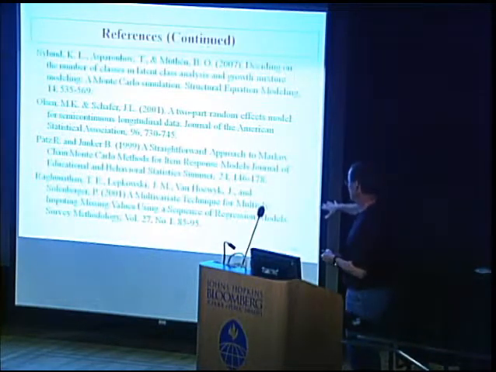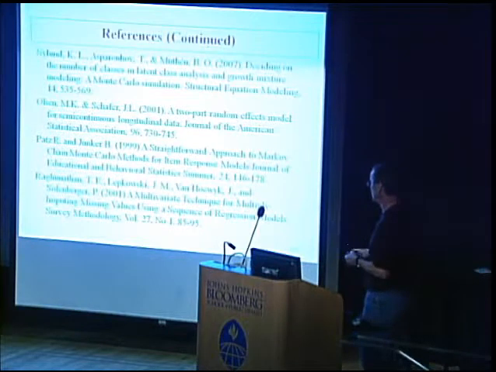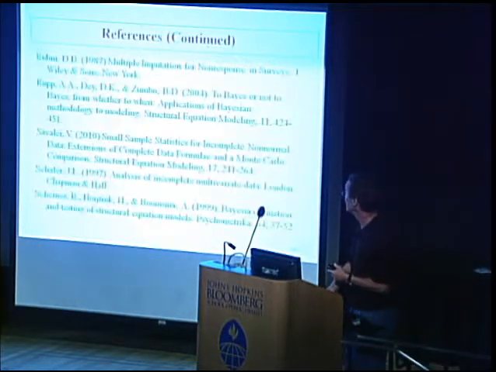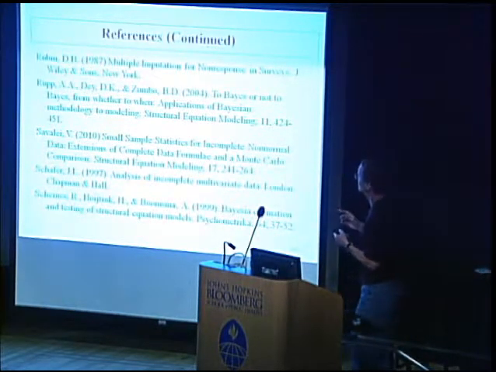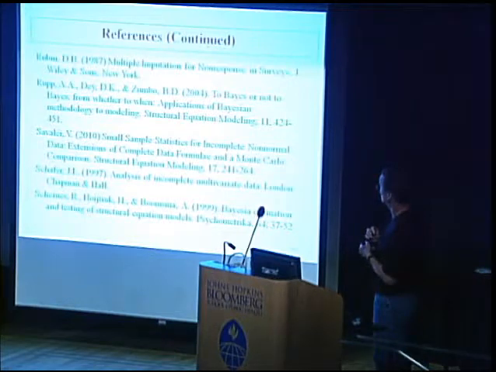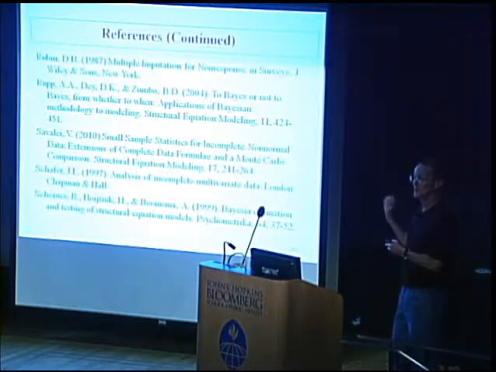This is the sequential method that we talked about as an H1 imputation technique. Survey methodology, and Don Rubin's multiple imputation book, quite technical, but of course very good, written by Don. And here you can ponder to Bayes or not to Bayes, and moving from the state of whether to when.